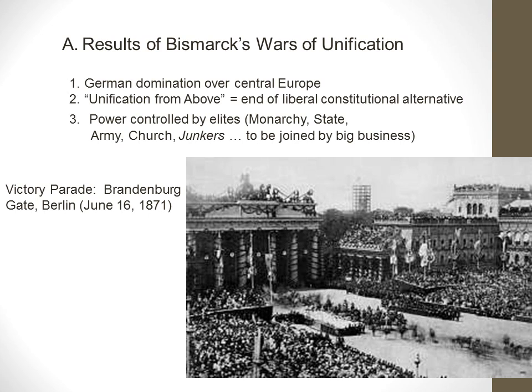And it's increasingly going to be a country that is ruled by elites. Elites with relation to a monarchy, the state, army, church, Prussian Junkers, and so forth. And this picture is of the Victory Parade in Berlin after the Franco-Prussian War.